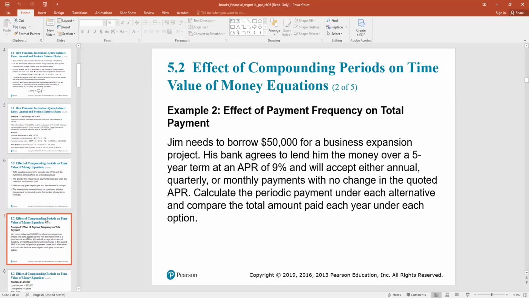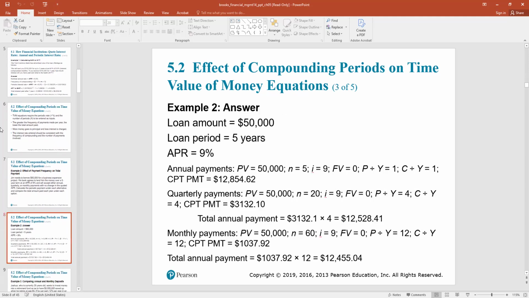So basically you're given APR 9%, a 50,000 business loan, and you're asked to calculate the total payment. Here the annual payments will be 12,000, and quarterly payment.